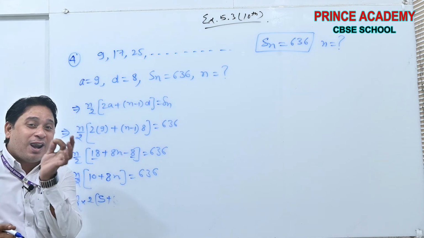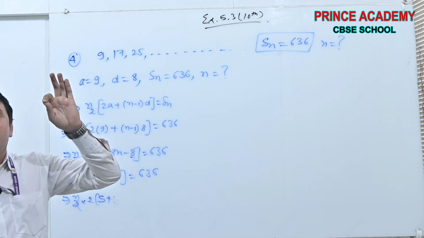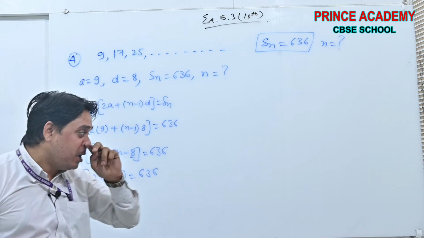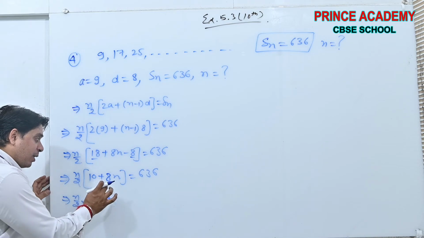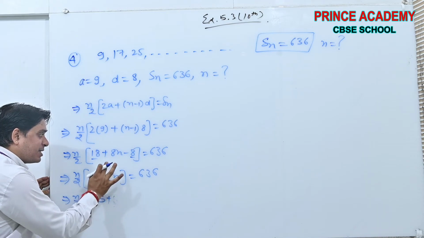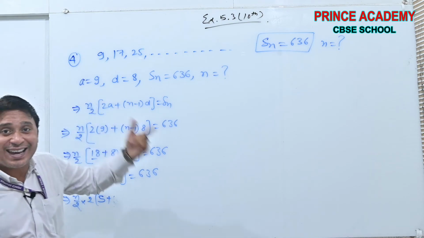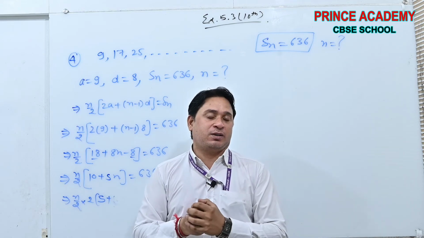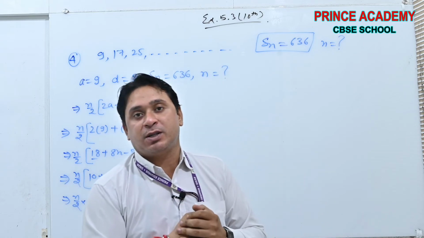See beta, just for 1 percent my mind went towards water. I was thinking of water, and see what a silly mistake I committed here. Here it was written 8 and I put 5. Are you getting my point? Once again I am telling you students, your concentration is a must, beta.